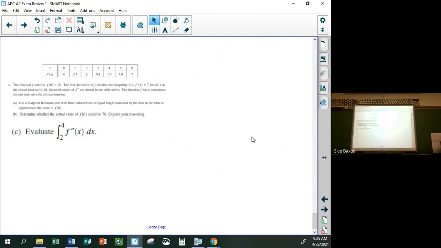So use the values in the table to figure out the amount of change from 2 to 4. So what he's saying is the derivative of f prime is f double prime. So the integral of f double prime has to be f prime. So this integral would be f prime evaluated from 2 to 4. And they give you that in the table.